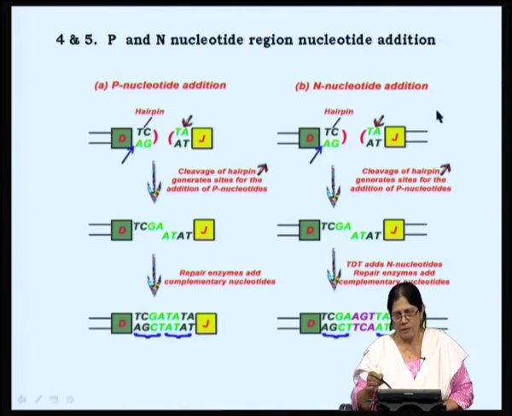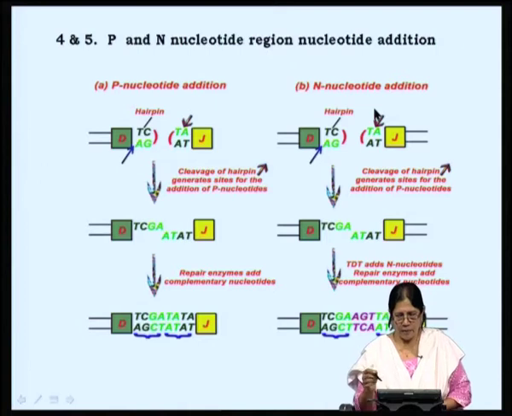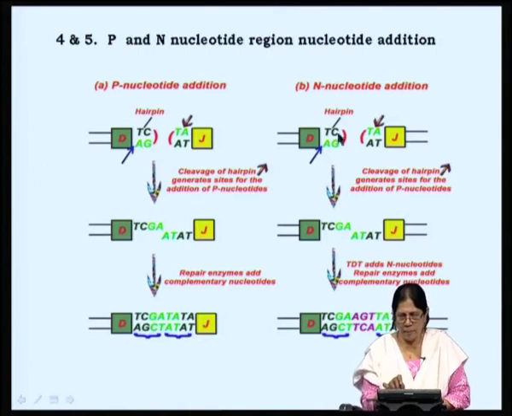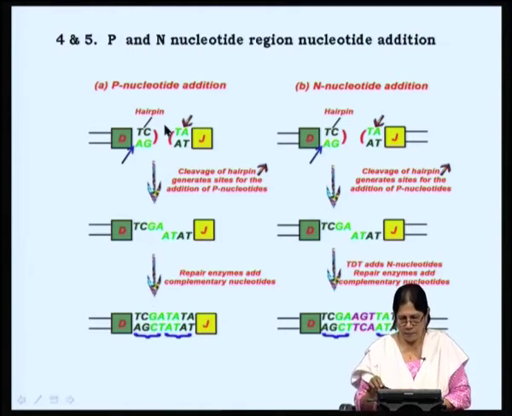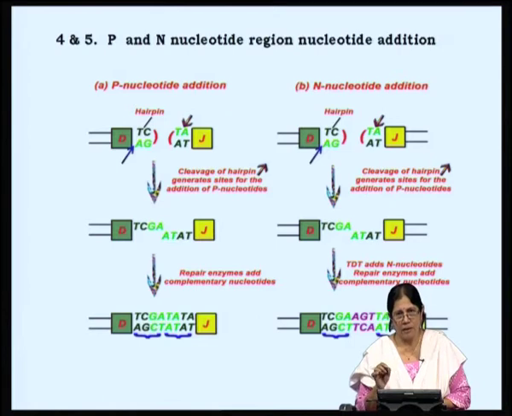Let us look at this unique system of addition of N nucleotides. What are N nucleotides? When the hairpin structure has already been cut by Artemis, as I have already described in the P nucleotide addition, there is expression of a specific enzyme, which again is specific to lymphocytes, terminal deoxynucleotidyl transferase.